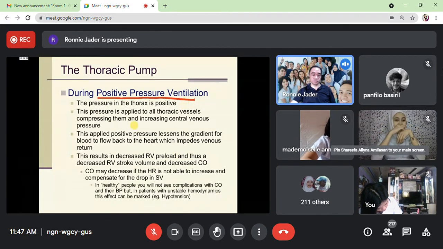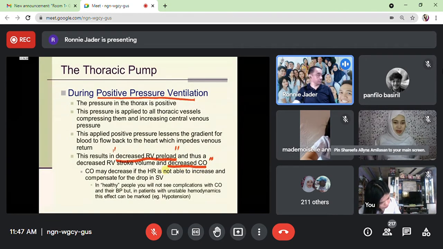When we force air into the lungs, we decrease right ventricular preload, the exact opposite, and this can actually decrease cardiac output. So it's a subtle but an important effect, and this can be very important for a patient who's already got limited circulating volumes and poor cardiac output. This effect on the thoracic system should not be minimized.